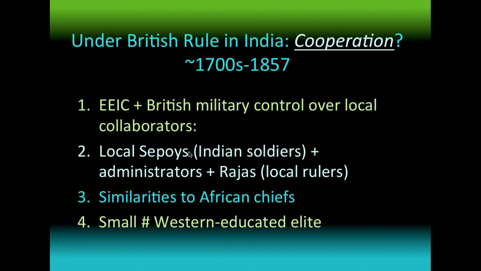If someone could read and write, if they were literate in the colonizer's language, in English or in French or in Dutch or whatever other European language, that gave them a huge upper hand because they could communicate, they could read, and they were seen as very useful. So they made a lot more money and had a lot more power and influence in their own towns, in their own world.